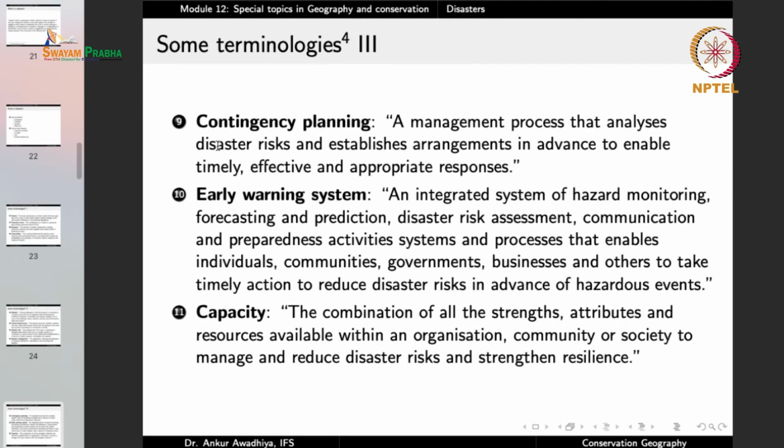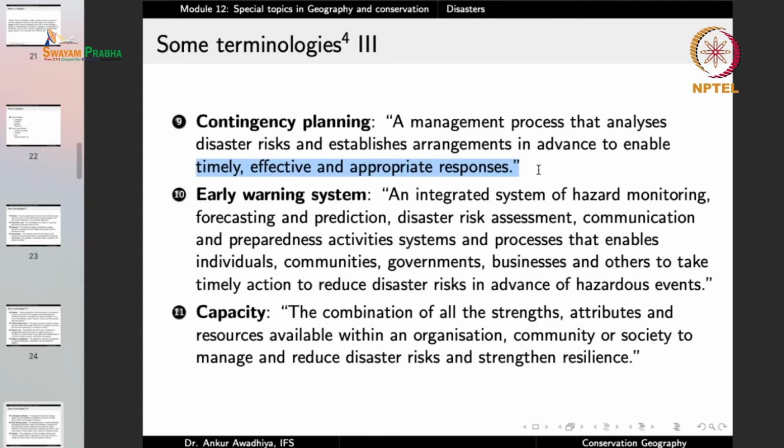Then we have contingency planning, which is a management process that analyzes the disaster risk and establishes arrangements in advance to enable timely, effective and appropriate responses. So if you have a process that analyzes this risk and establishes the arrangements in advance, you are doing the preparation in advance to enable timely, effective and appropriate responses.